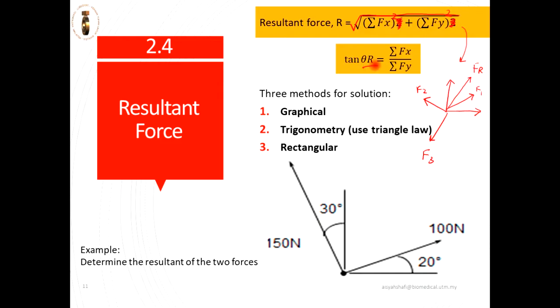So theta r is here, from the x-axis to the resultant force. The formula to get this theta r is tan theta r equal to summation of Fy over summation of Fx.